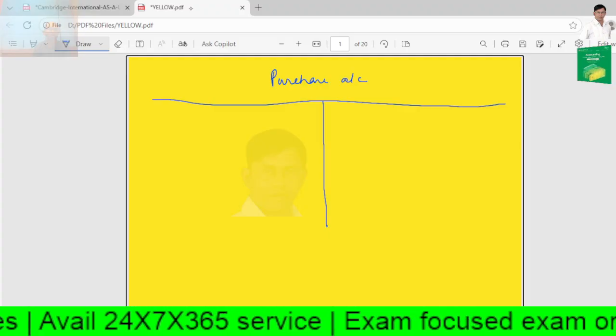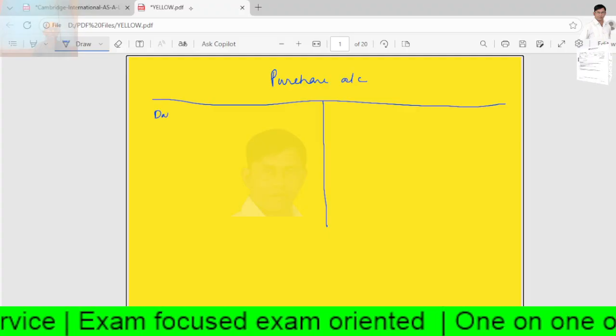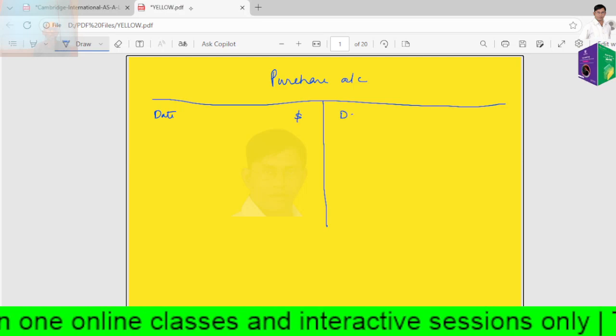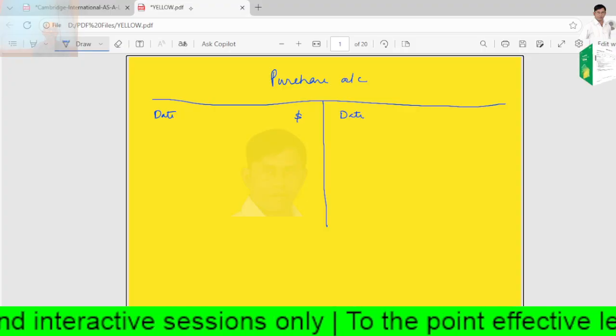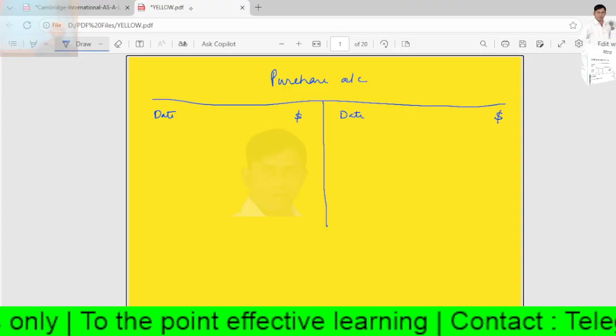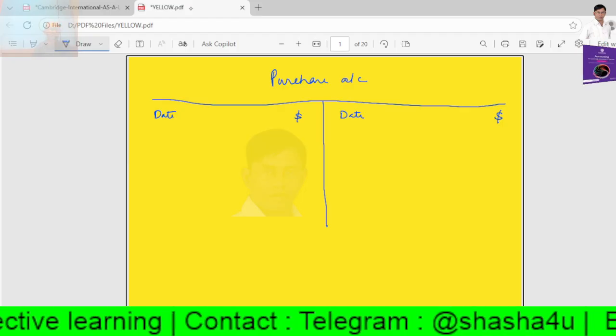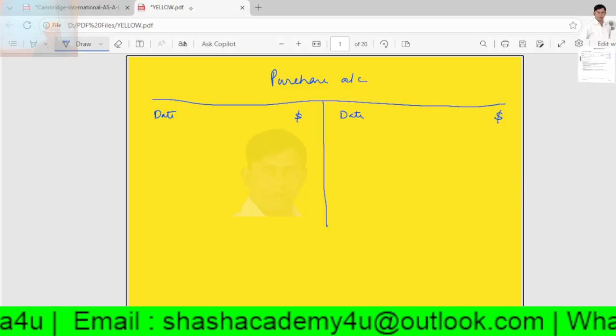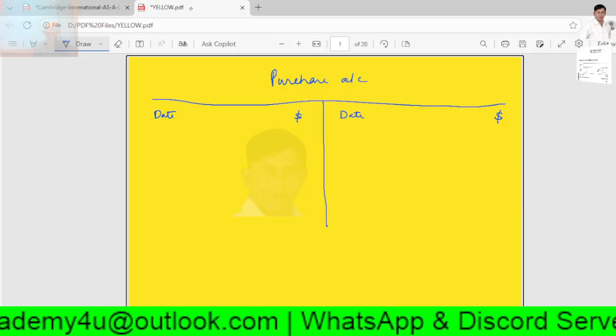Don't miss to put the date and the currency. Always write the heading, which account you are preparing. So, purchase account. Purchase account is always an expense, so always it will be debited.